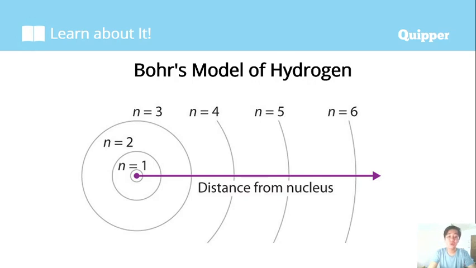The orbit closest to the nucleus is represented by n, the energy level, equal to 1. The second orbit closest to the nucleus is energy level 2, followed by 3, 4, 5, and 6. So that's how Bohr described the orbits.